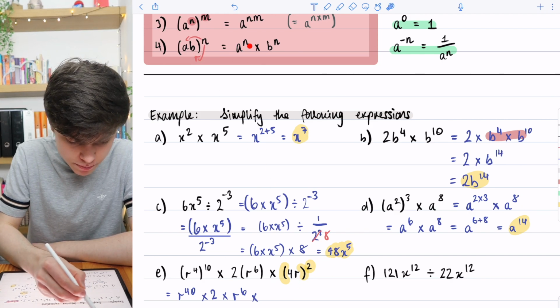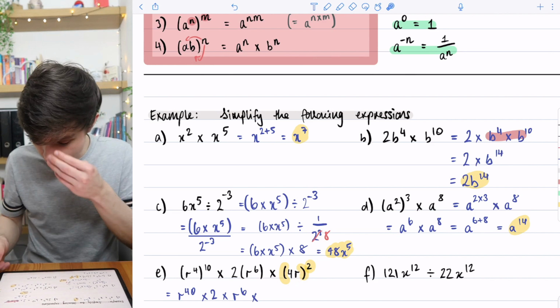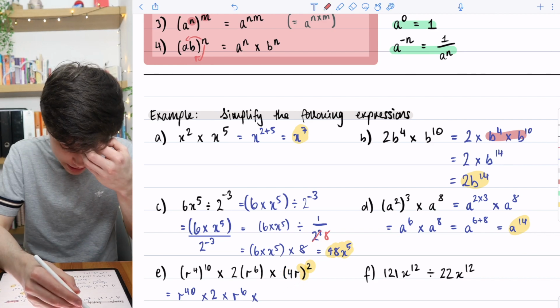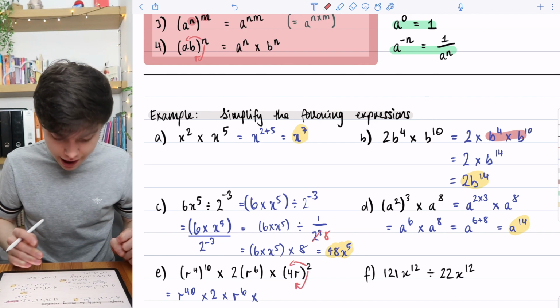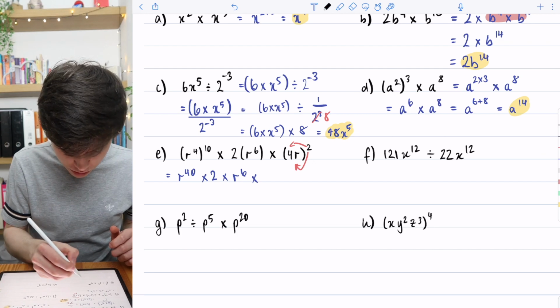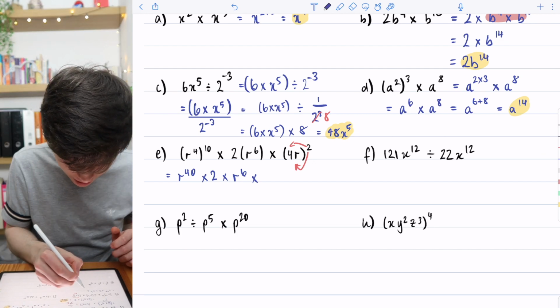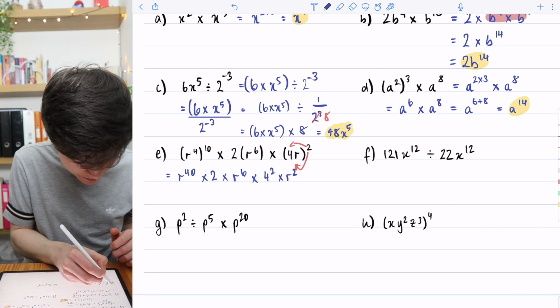We need to distribute the power over the 4 and the r. So if I draw little arrows in here, I need to distribute that 2 to the 4 and distribute it to the r. So that will give me multiplied by 4 squared times r squared.